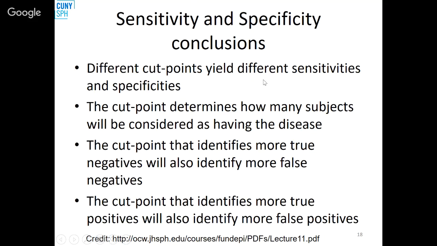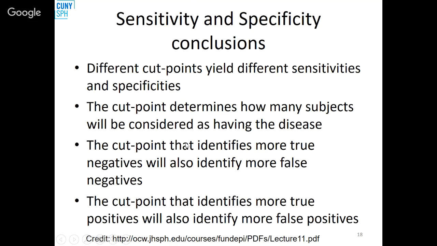Different thresholds of strictness will result in different sensitivities and specificities, determining how many are considered to have the disease or whatever event we are looking at. And any cut point that identifies more true negatives will also identify more false negatives.